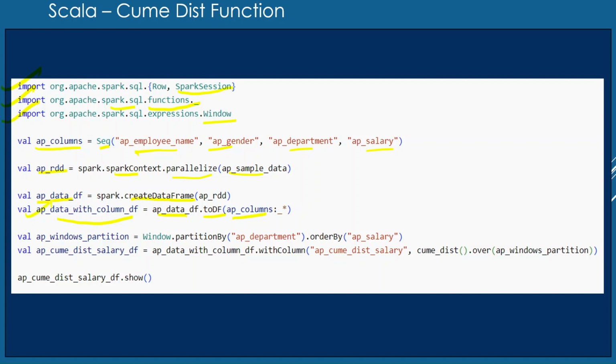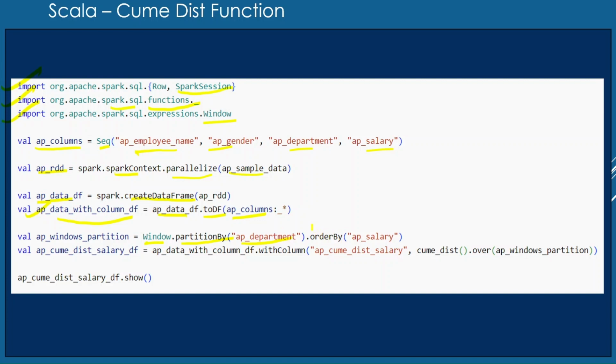Once this data frame gets created, we define a window. As I discussed, whenever we define a window, we define 2 things. One is on which column we are doing the partition. With the help of the partition by function, by providing a column, it will create a partition. And once the partition gets created, how will the data be organized in that partition?